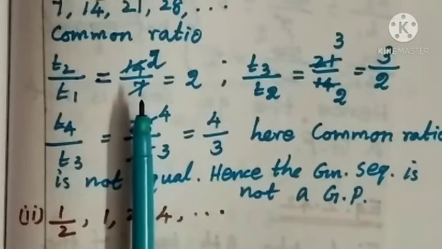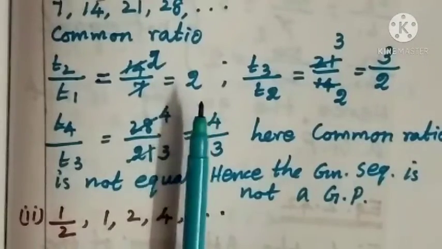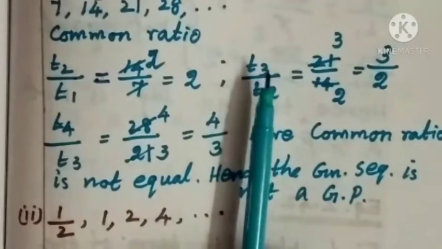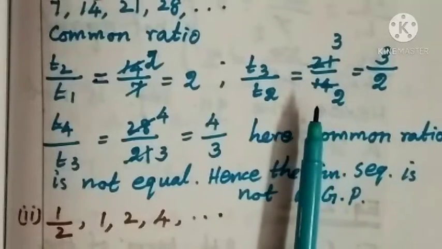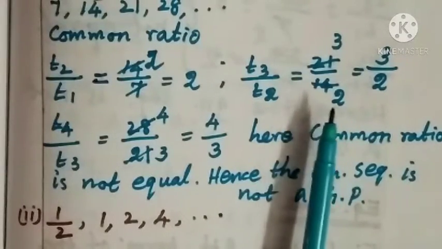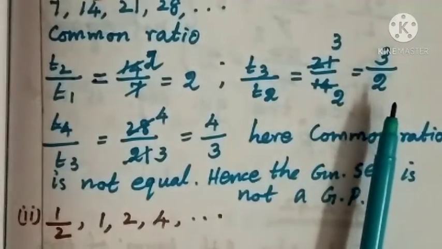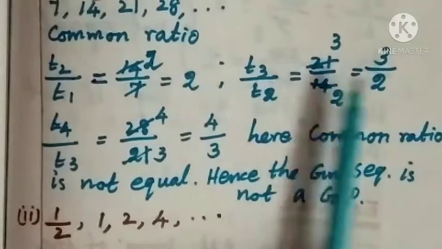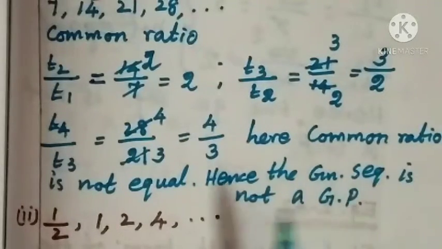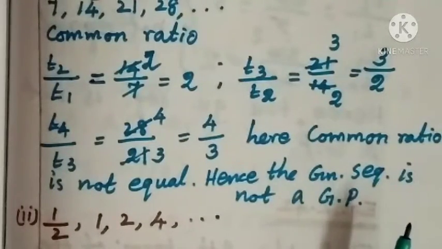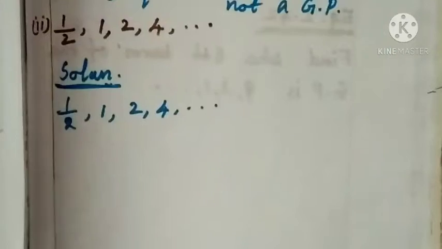Cancelling by 7, we get 2. Then next you have to find T3 divided by T2, that is 21 by 14. Cancelling also by 7, we get 3 by 2. These two ratios are not equal. Hence the given sequence is not a GP. This is the answer for this question.